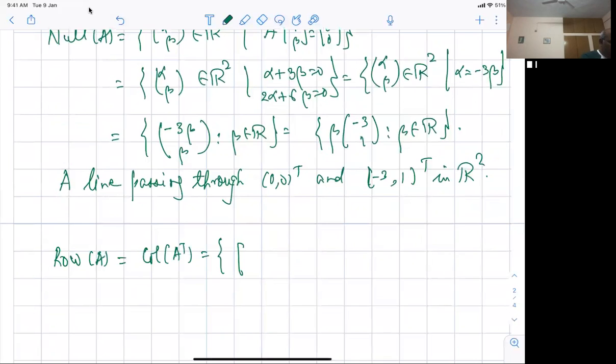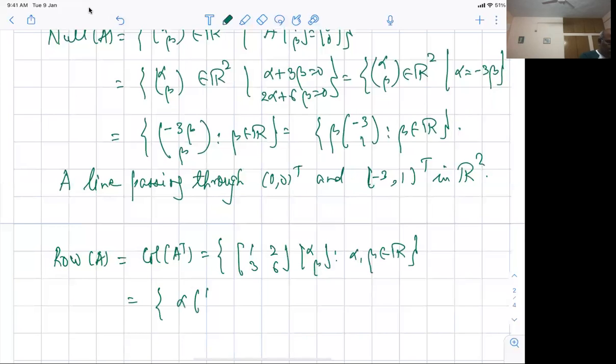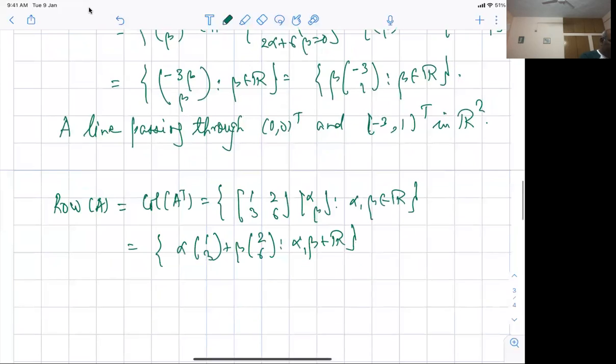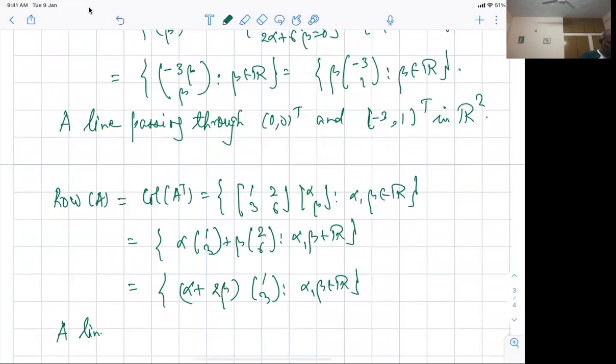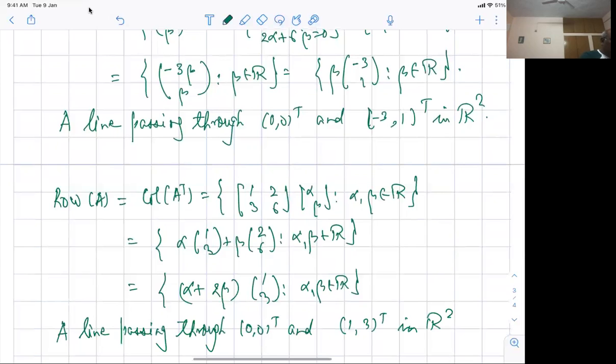A transpose is [1, 3; 2, 6] times (alpha, beta) belonging to R, which is the same as, just look here, alpha times (1, 3) plus beta times (2, 6), alpha beta belonging to R, which is nothing but (alpha plus 2 beta) times (1, 3), alpha beta belonging to R. So a line passing through (0, 0) transpose and (1, 3) transpose in R2. All right. So this is what is important.